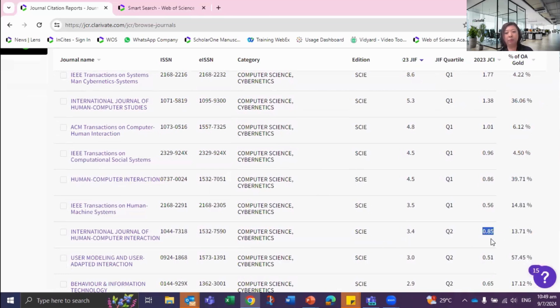But it is performing better than this one. You would see IEEE Transactions on Human-Machine Systems has a JCI of 0.56, whereas this one has a 0.85. So higher JCI compared to this one, even though this journal has a higher journal impact factor. So you can use these two together to differentiate in the same quartile of journals.